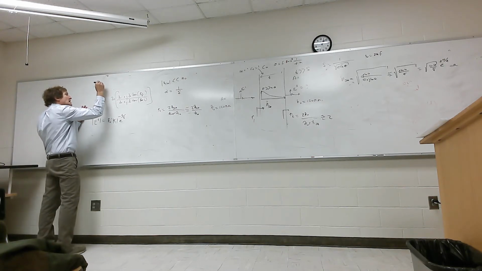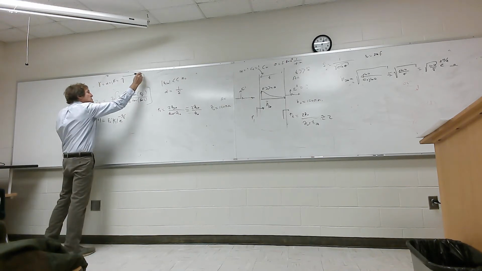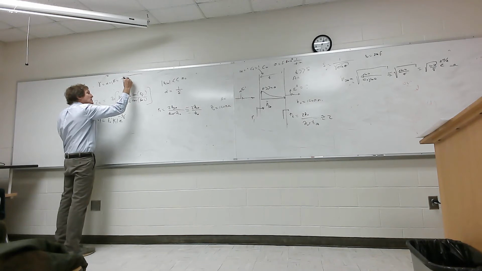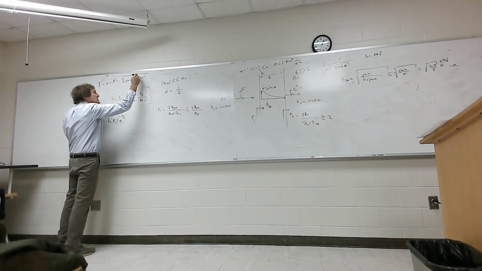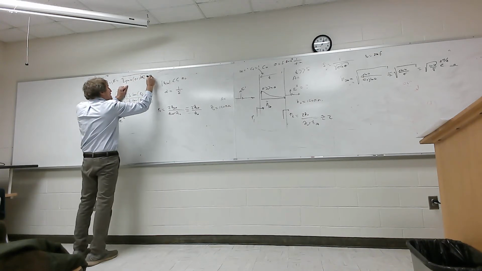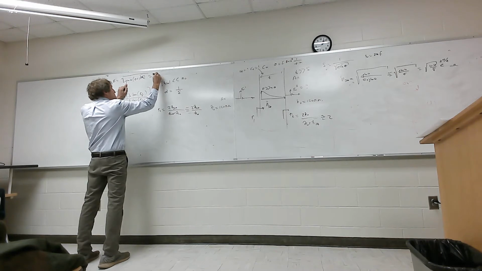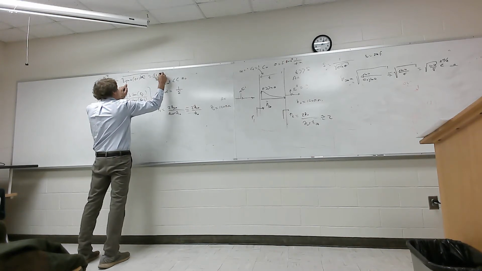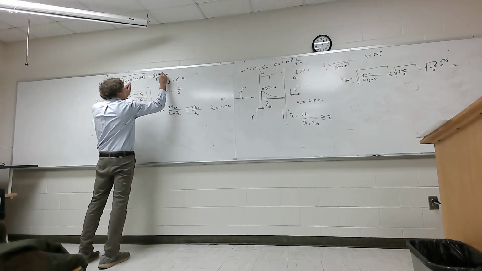Remember, gamma is equal to alpha plus j beta, and in a good conductor, this is square root of j omega mu times sigma plus j omega epsilon, but if it's a good conductor, you forget that. And that's just equal to square root of j, which is 1 plus j over the square root of 2, times square root of omega mu sigma.